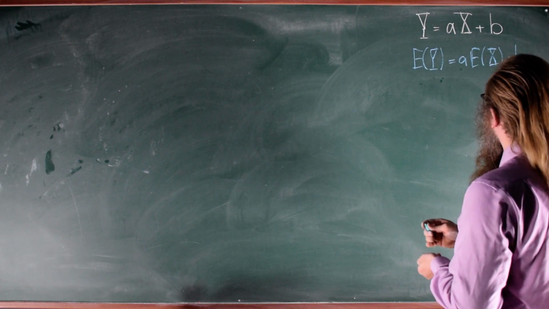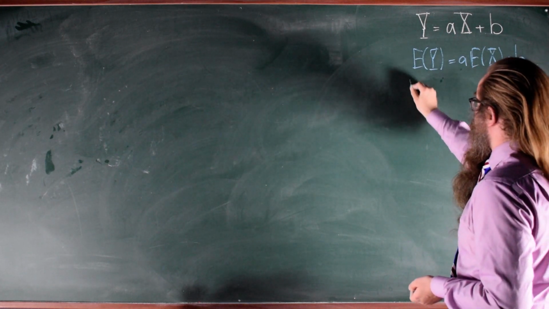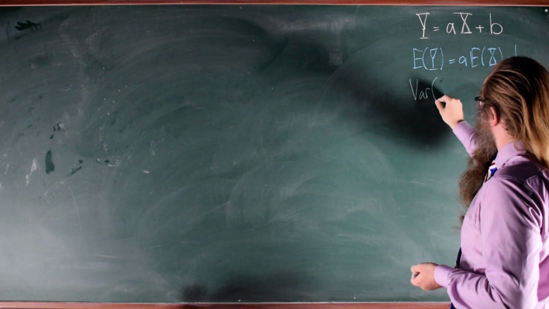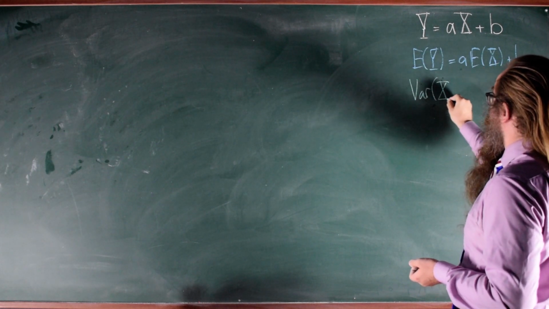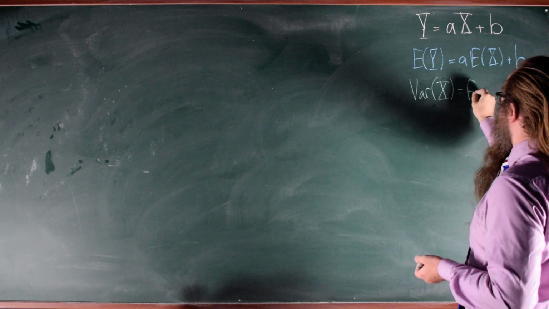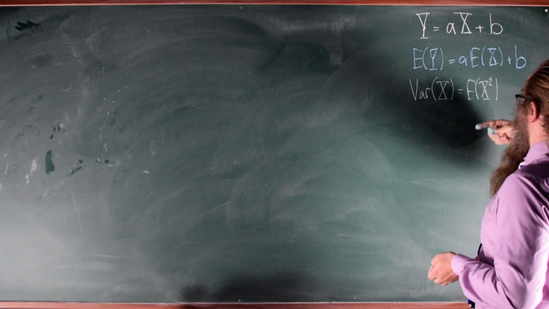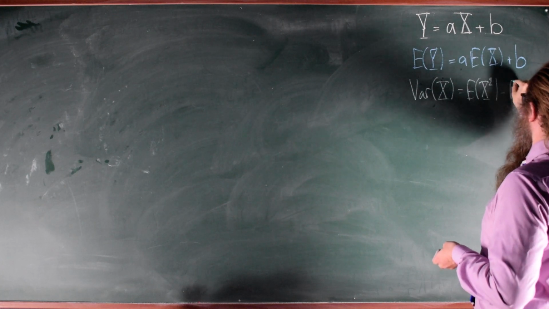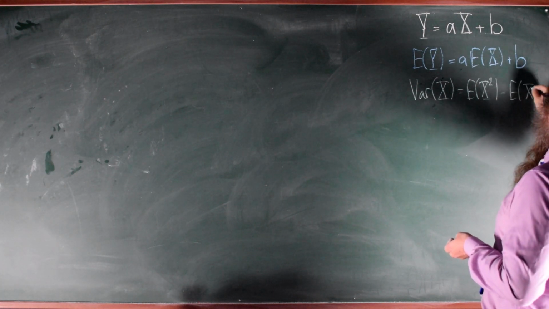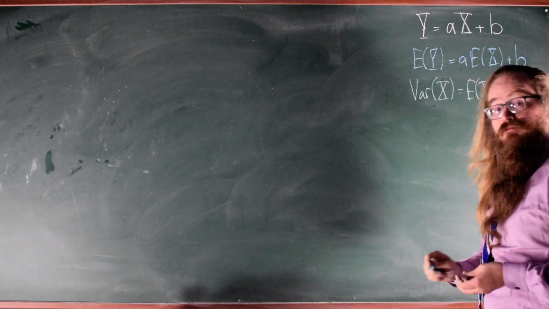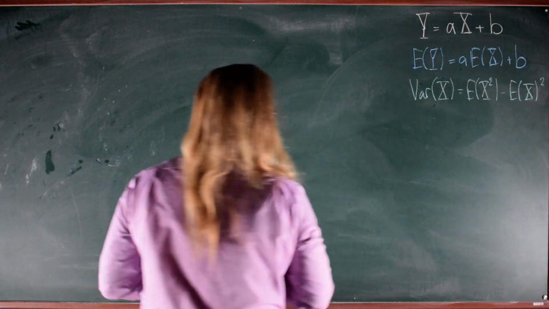All right. The second formula is that the variance for any random variable can be calculated as the expected value of the random variable squared minus the expected value squared. Nice little result there.